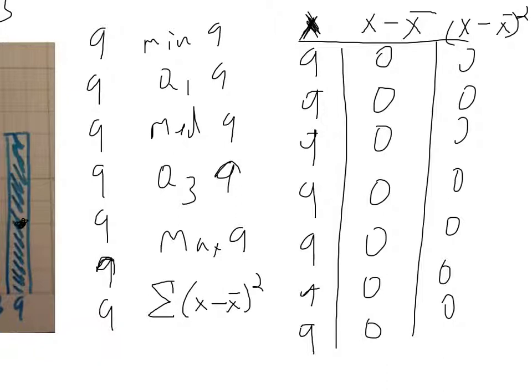In this case, it'll be 0 divided by n minus 1. Since there's 7 numbers, I'm going to divide by 6. So 0 divided by 6 is 0. And then we take the square root. That's still 0. And of course, we knew this was going to be 0 because there's no variation in these numbers. Okay, so that's the standard deviation.